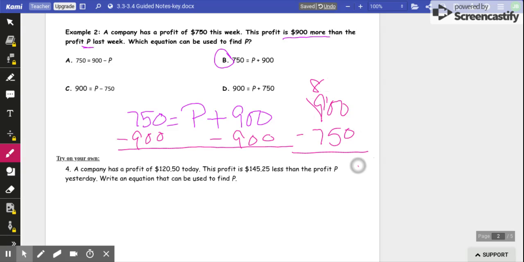We have 0 minus 0 is 0, 10 minus 5 is 5, 8 minus 7 is 1. And because we're subtracting a larger value, it's going to be a negative 150. So last week's value was negative $150 that they earned. All right, go ahead and pause the video and try number 4 on your own.